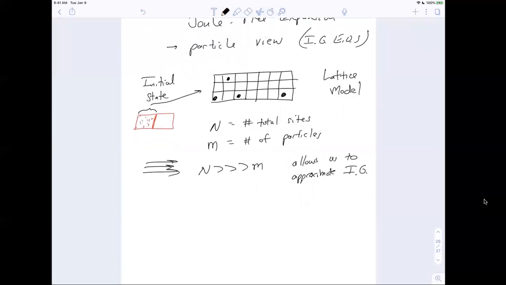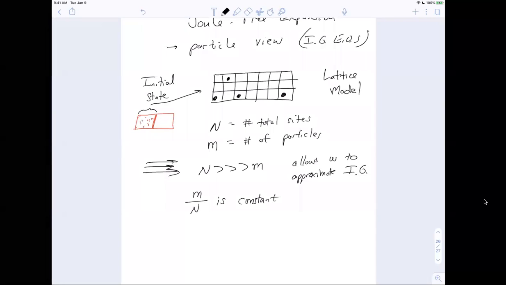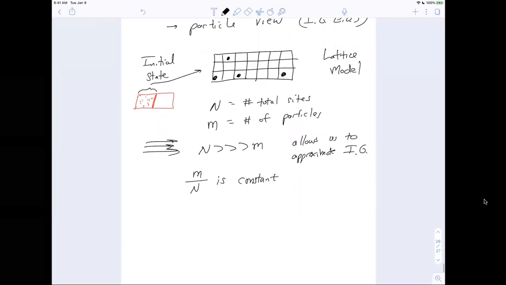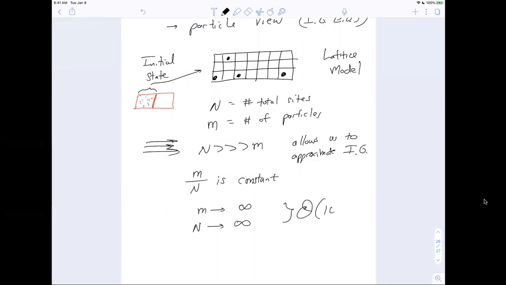We also have another constraint that m over N in this limit is constant. So even though N is much, much greater than m, we'll say that m over N is constant. And what we're going to do is say m goes to infinity, some very large number, and N goes to infinity, which is some very large number, because we're dealing with on the order of 10 to the 23rd particles, okay?